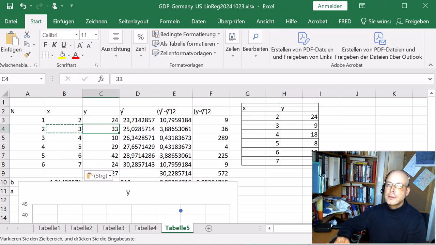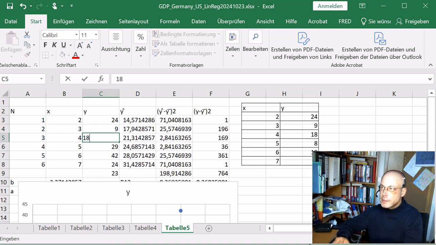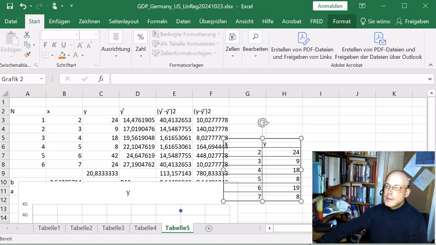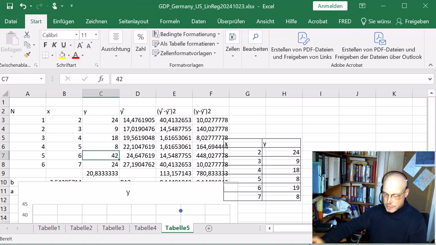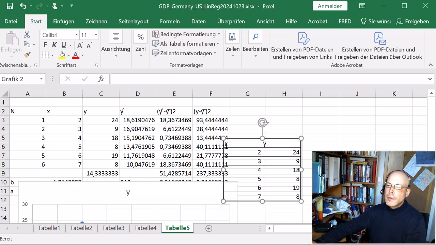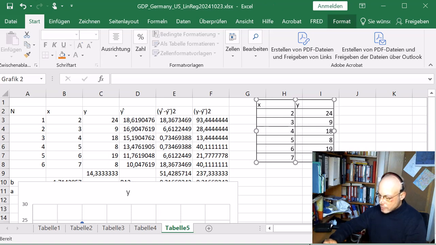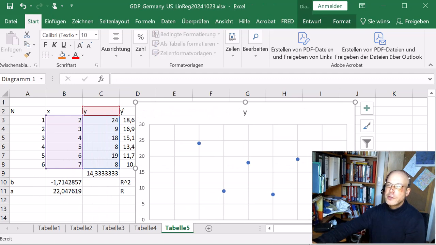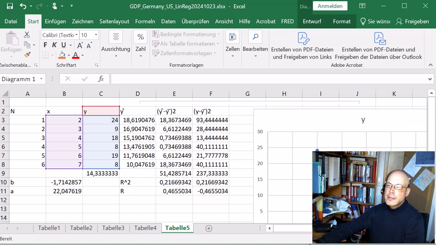And we have 24, 9, 18, 24, 9, 18, 8, 19, and 8. This we can remove. Here we have the same picture as you have it on the slides. Well, and everything else we have to do in the same way as before.